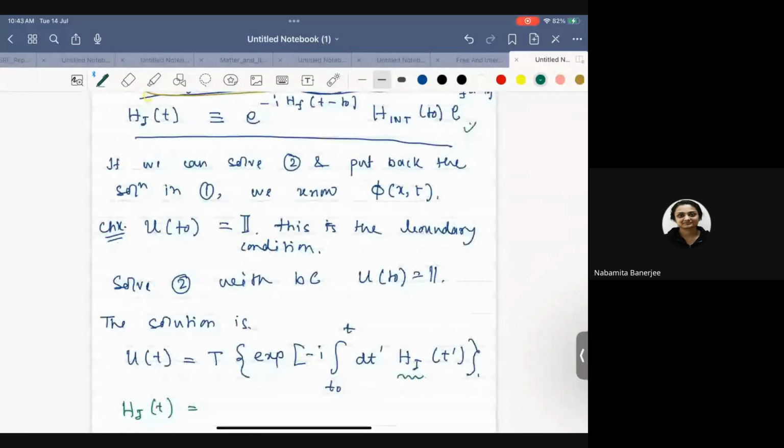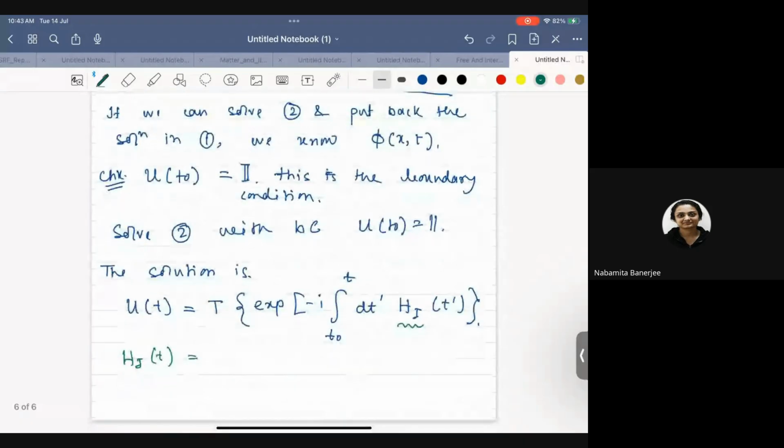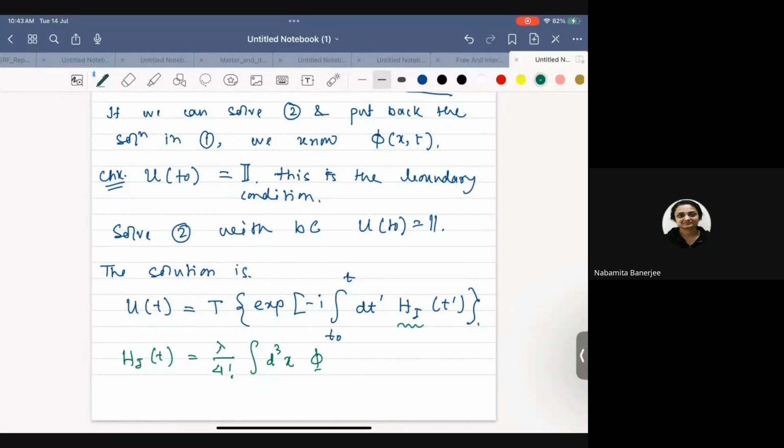If you rewrite things properly, you will see that H_I(t) is this operator, lambda by 4 factorial, integral d cube x phi_I to the power 4 at (x, t), for our theory. Of course, for a different interacting theory, it would differ.